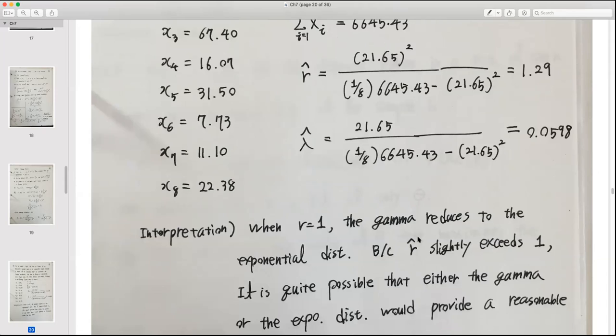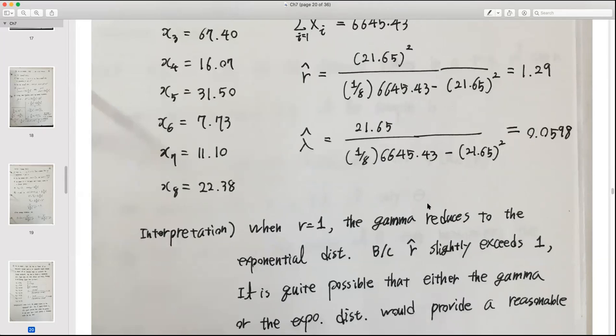I told you what the exponential distribution is: the random variable represents the distance until the first event occurs, right?